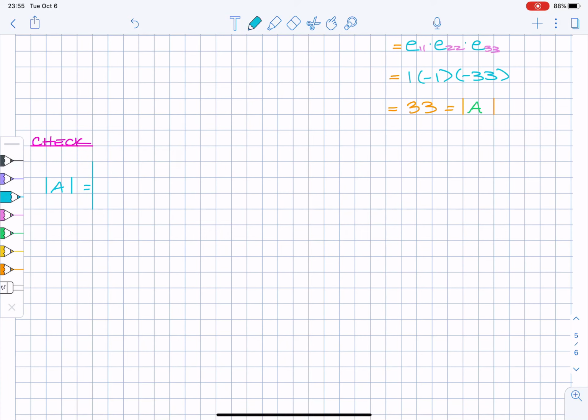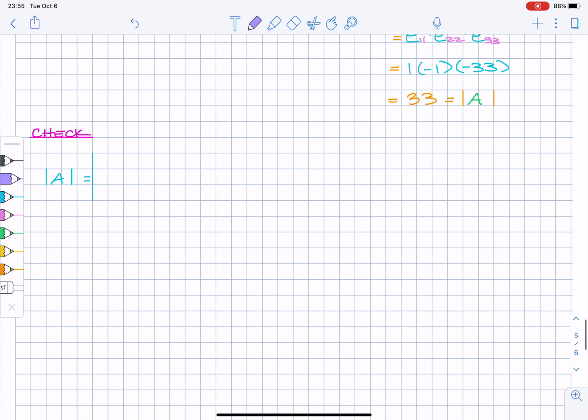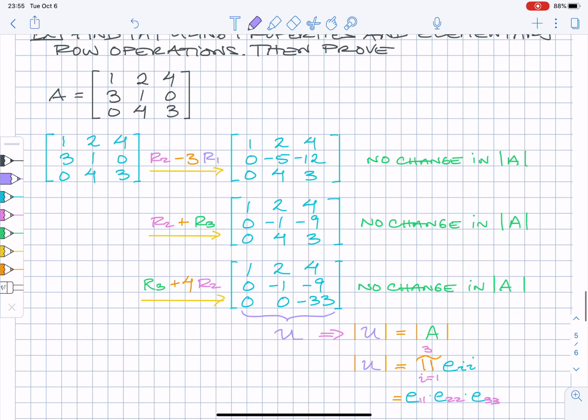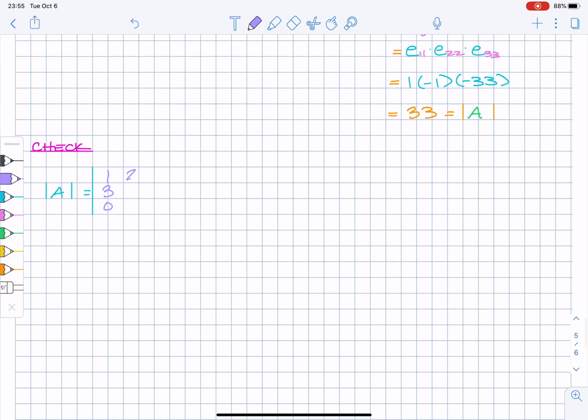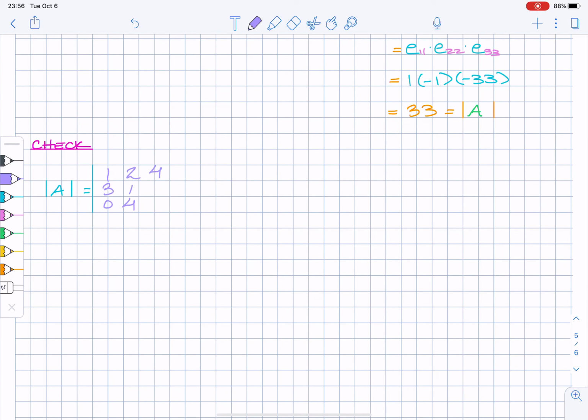Okay, so what was A? A was 1 3 0, then 2 1 4, then 4 0 3. I'm going to augment that and put the first two columns on the right. So 1 3 0, 2 1 4.